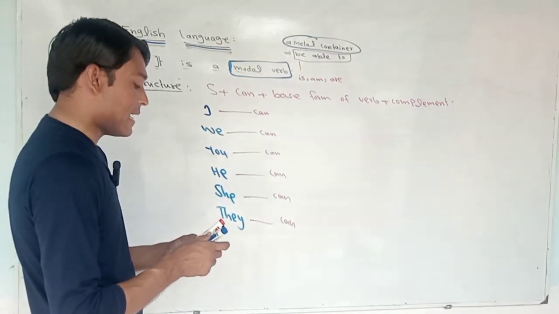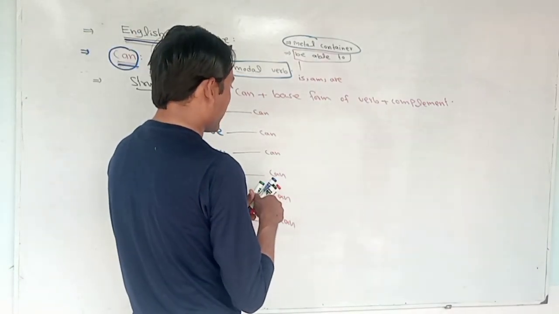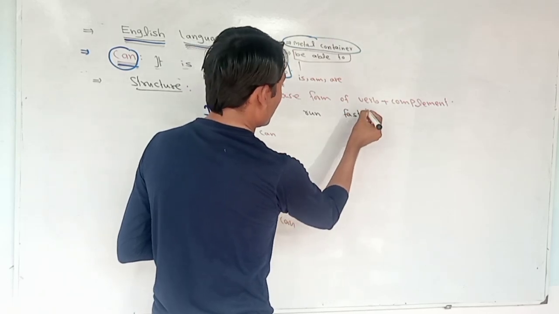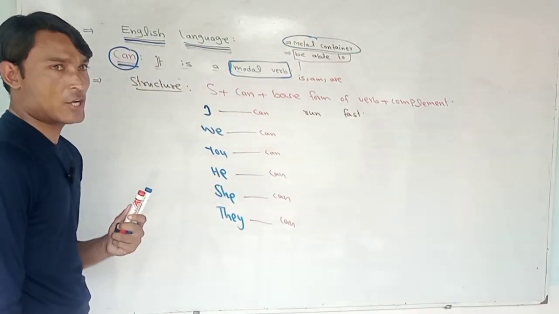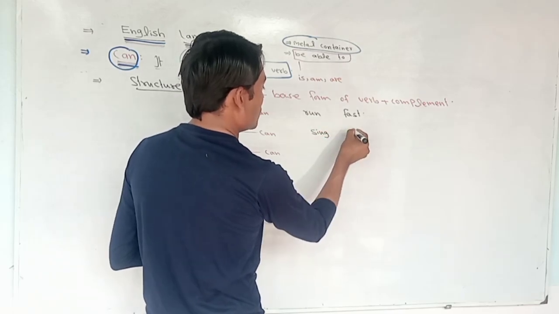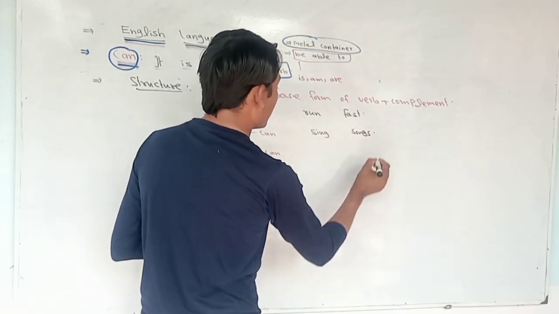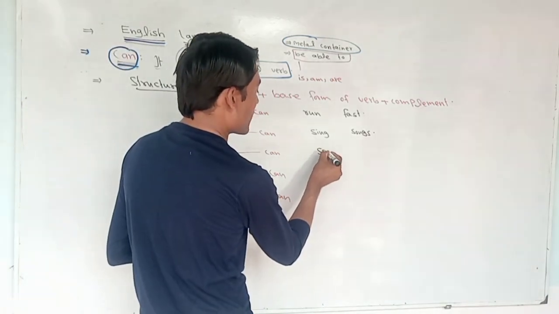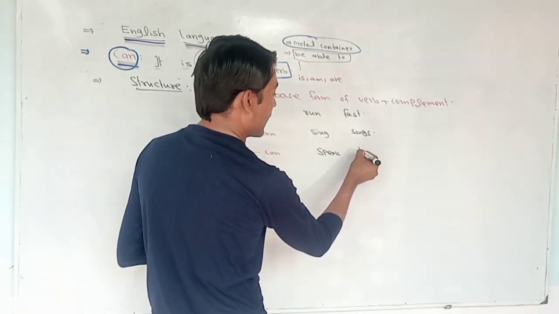For example, I say "I can run fast." We can sing songs. Another one: you can speak English.